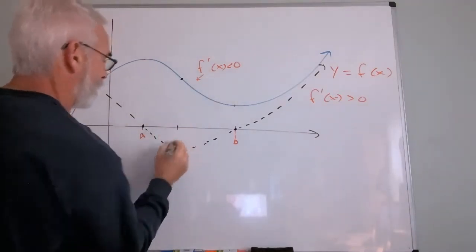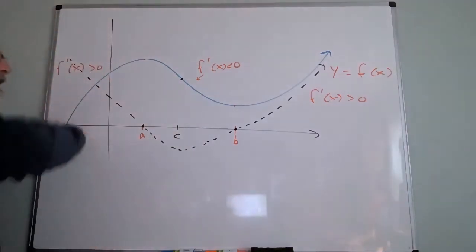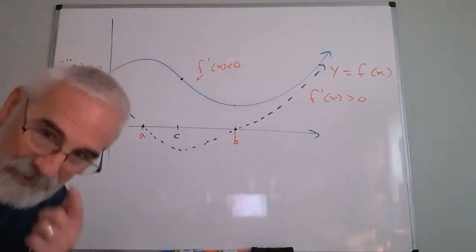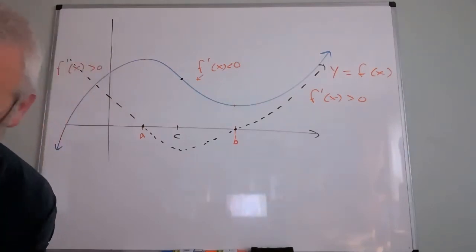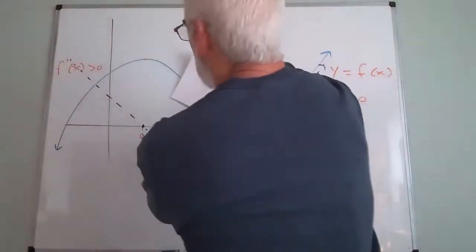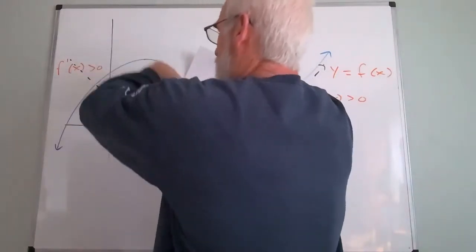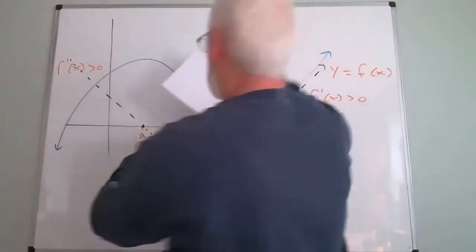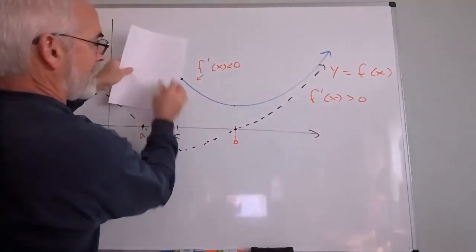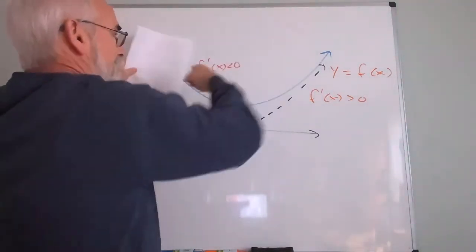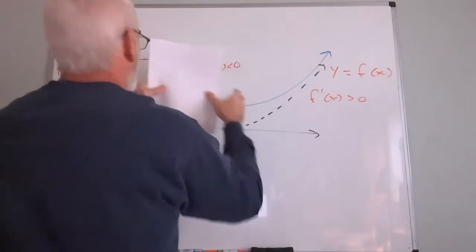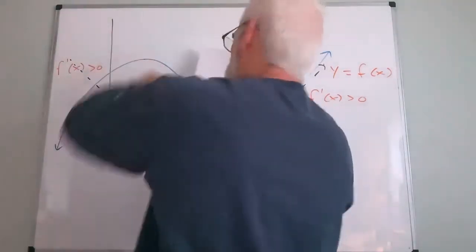So that guy right there, we'll call that C. Another way of thinking about this, and this is a really easy way to think about it: look at the shape of my graph before the black dot. It looks like this. Look at the shape of my graph on the other side of the black dot. It looks like this. This cup looks like it's opening upwards. This cupping looks like it's going downwards.